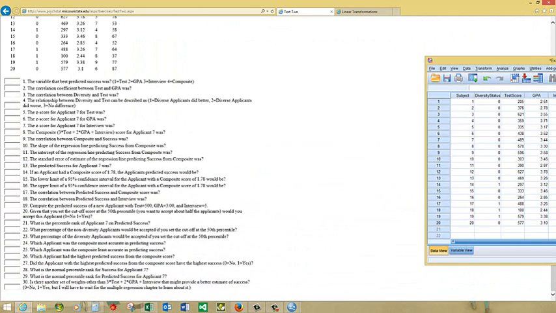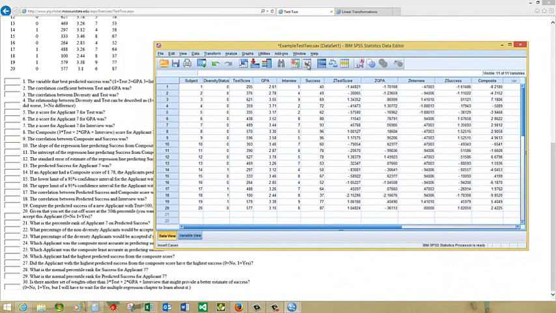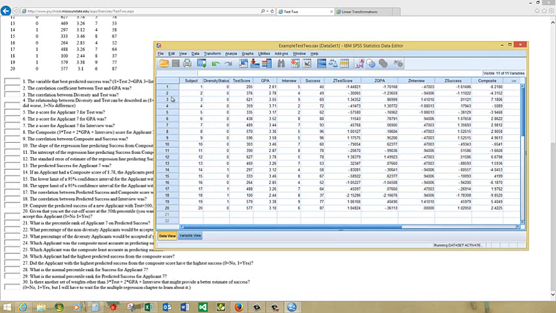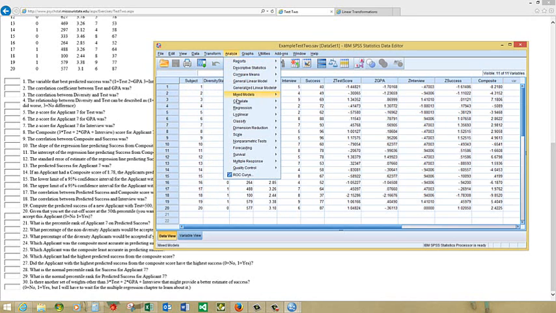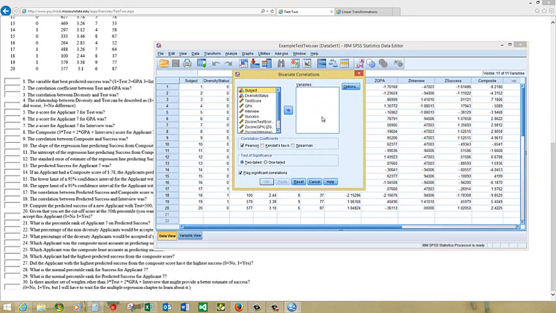And before we do that, looks like we're going to need some correlations. Before we do anything else, we'll save our data file. And we'll do analyze. We want to do all the correlations. We'll look at bivariate correlations. And we'll throw in diversity, test score, GPA, interview, success.